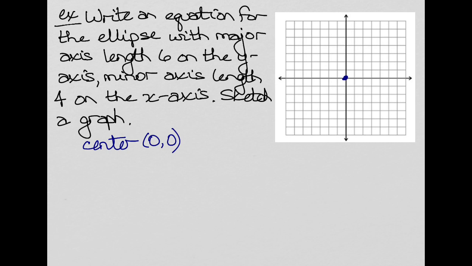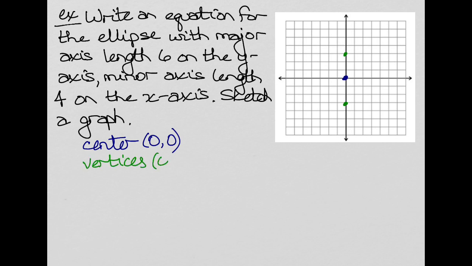Next thing, let's find some vertices. The length of the major axis is 6, and that's on the y-axis. So that's the total length, top to bottom, which means from the center, I'm going to go up half that amount. I'm going to go up 3 and down 3 from the center so that the total length of the major axis is 6. Now I can see my vertices.